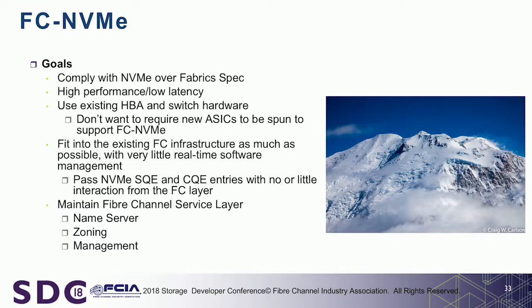Of course, it has to fit into the existing infrastructure of Fibre Channel with little or no changes to that. And we also want to make sure that the Fibre Channel layer didn't have to touch the NVMe frames. So the existing layer means that the existing service layers, such as the name server, zoning, and management, are still in place.